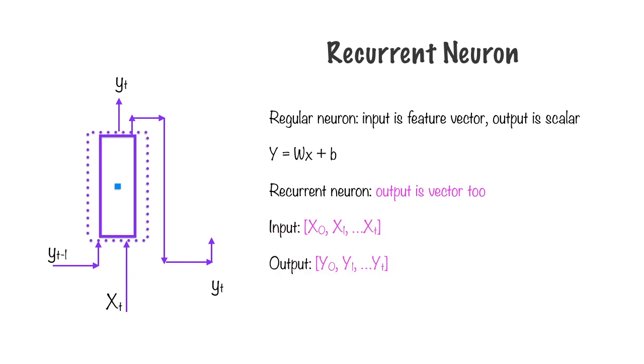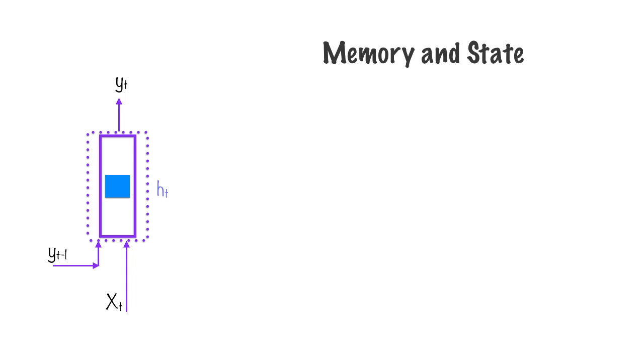The input to a recurrent neuron will range from x0 to xt, where t represents instances in time, and the output will be y0 to yt, an output for every instance in time. Recurrent neurons accept as input the previous output of that same neuron. This has very great significance because recurrent neurons remember the past; they possess memory.